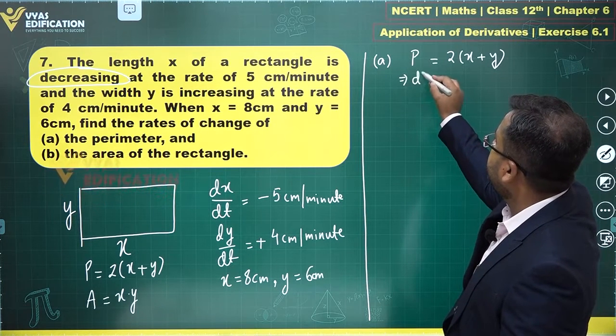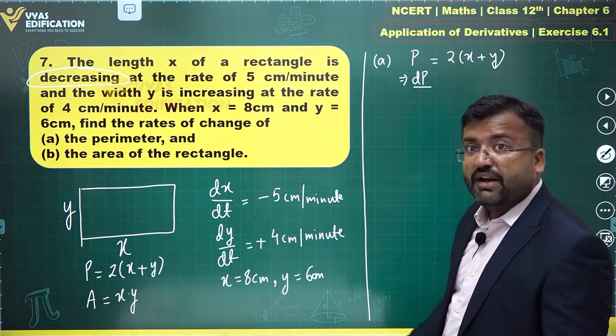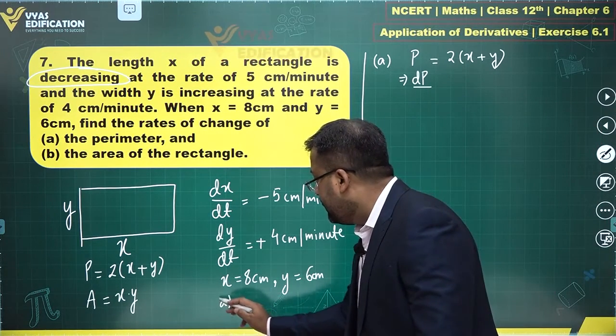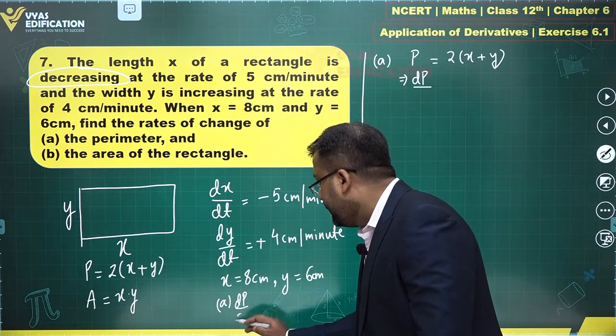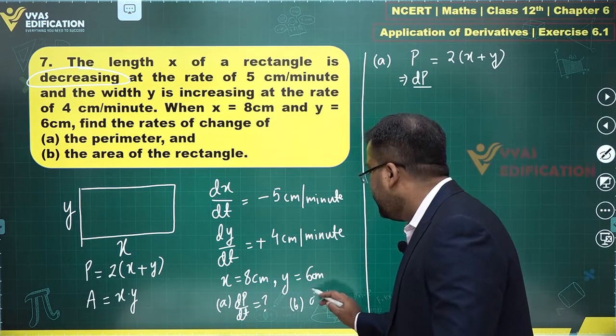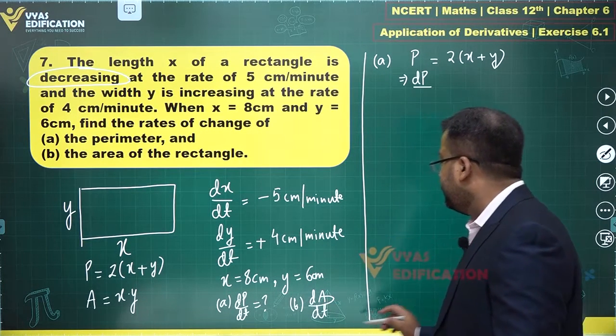Therefore, dP upon dt, what is asked is find the rates of change of the perimeter. So dP upon dt is a question mark, right? In the first part, dP upon dt. In the second part, d area upon dt.